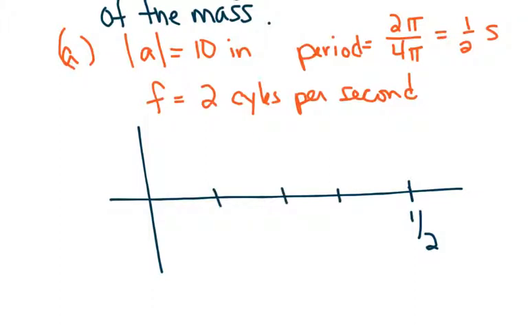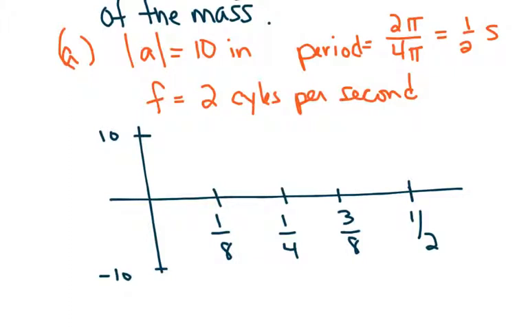So half of that is 1/4. So this is 1/8, and this is 3/8. So we can graph our 1 period of this cycle. And then my maximum displacement is 10, so it goes as high as 10 and as low as -10. We'll call equilibrium 0.